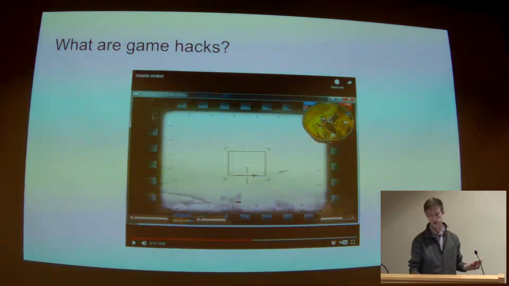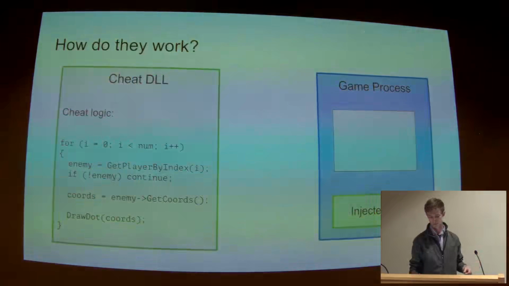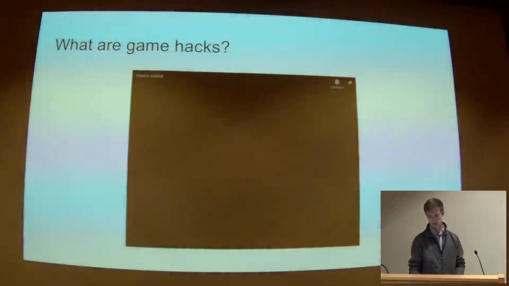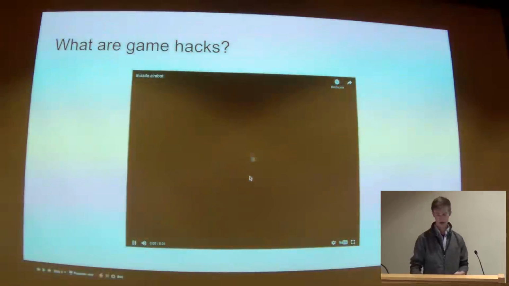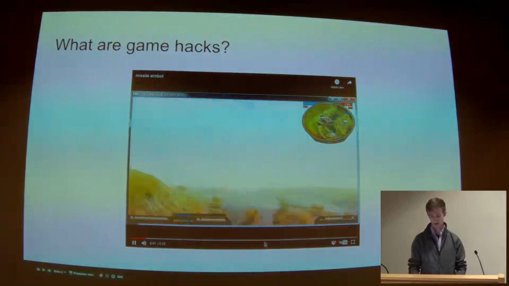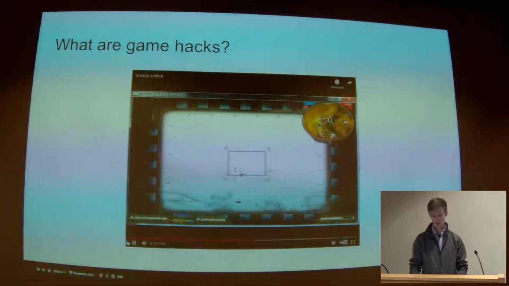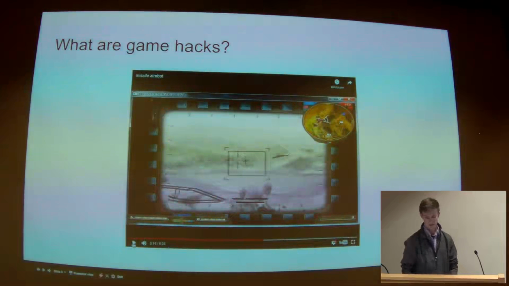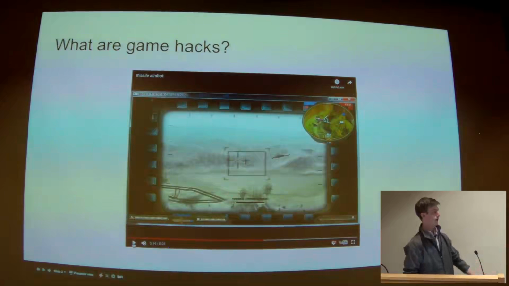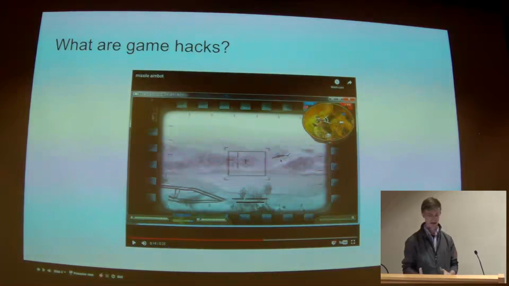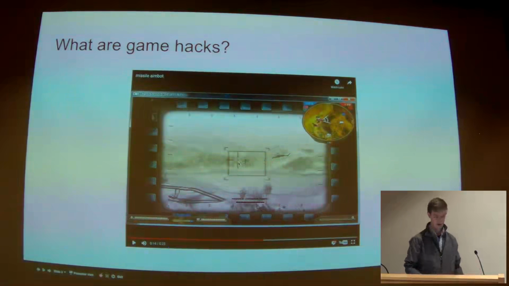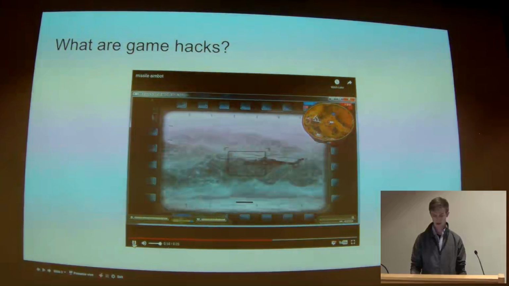It's not going to aim directly at the enemy helicopter because I programmed the cheat to aim slightly ahead. You can see the missile's been fired against that enemy helicopter, and the crosshair is aiming ahead of where it's going to be. It's leading him a little bit, so it has a better chance of hitting him. You can see as it's flying to the target, and it takes him out.